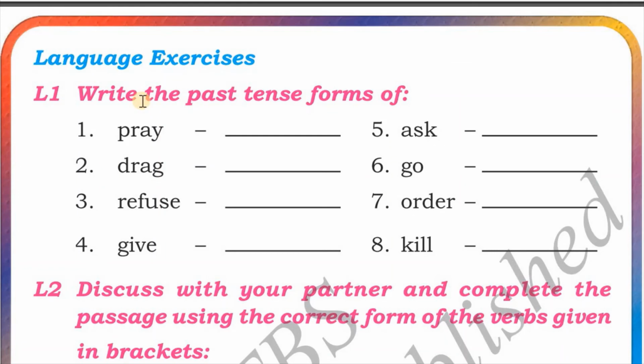Next, we have language exercises. Write the past tense form of pray. The past tense form of pray is prayed. Drag. The answer is dragged. Observe the spelling. There are two G's. Next, refuse, refused.